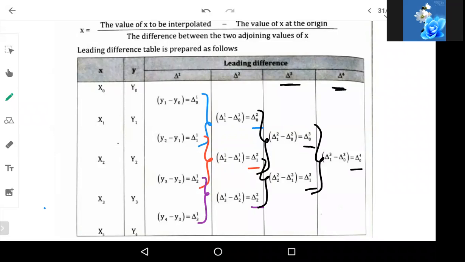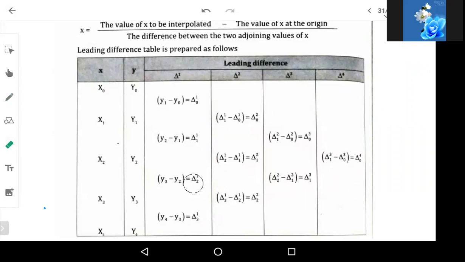So this is how we calculate the leading differences. Is the procedure clear? Can we go to the problems directly?